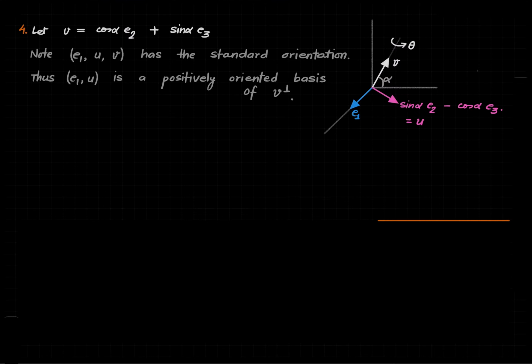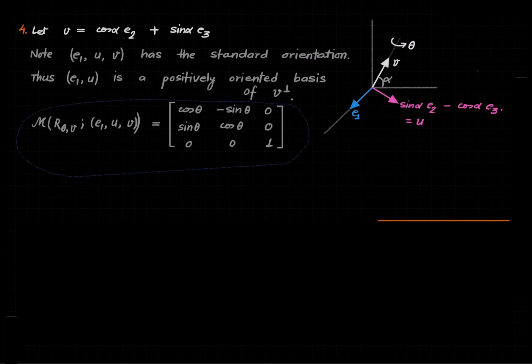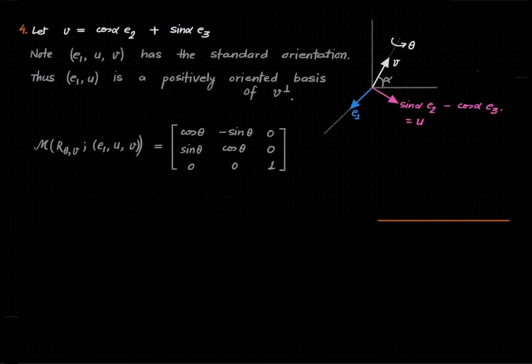And therefore, the matrix of R theta V with respect to this basis, this we can immediately write down. This will be cos theta, minus sine theta, sine theta, cos theta, and V remains undisturbed. Right? Just take this as an exercise.